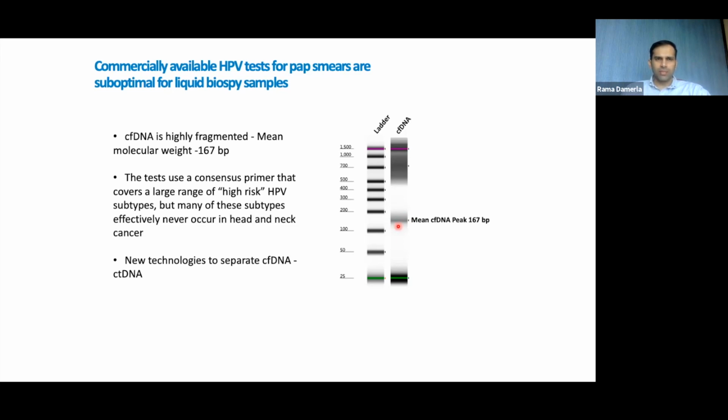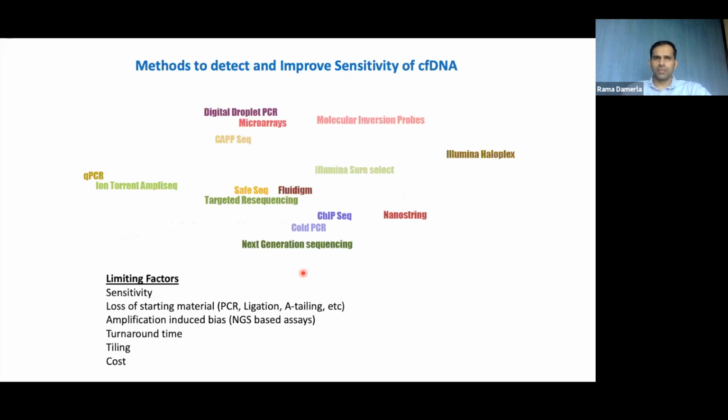Also, there are some technologies that want to separate circulating tumor DNA from the rest of the cell-free DNA. What I mean by that is circulating tumor DNA is associated with the tumor, but cell-free DNA is like a superset of all cell-free DNA that might come even from healthy cells or from the tumor cells.